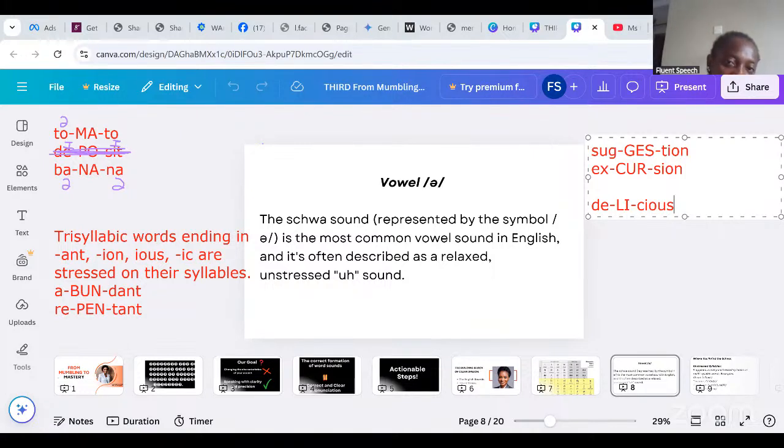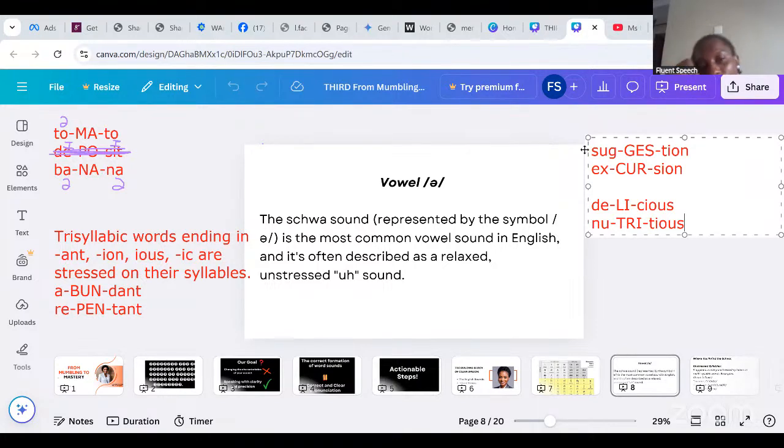That's why we say delicious. So the schwa is in the last syllable. We can also have a word like nutritious. Just like in delicious, in nutritious as well, the schwa is in the last syllable.